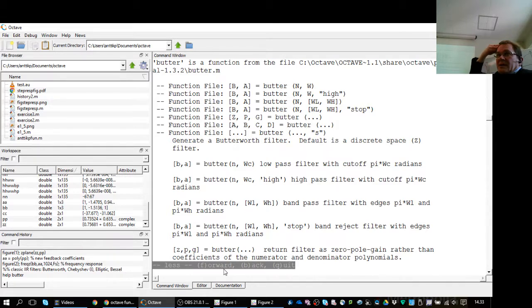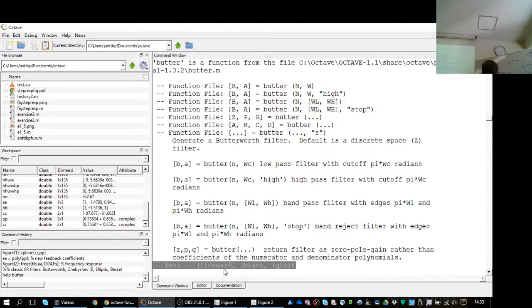So we need to do some adjusting for real filters. Basically, if you put there 0.5, that's our Nyquist rate. It's basically normalized to 1.